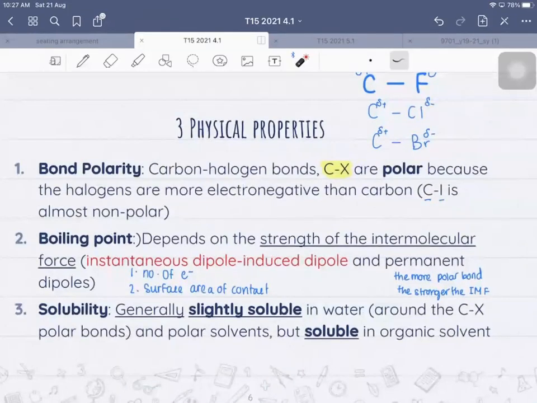Next, solubility. Again, the same idea: polar dissolves in polar. Polar loves polar, and non-polar loves non-polar.